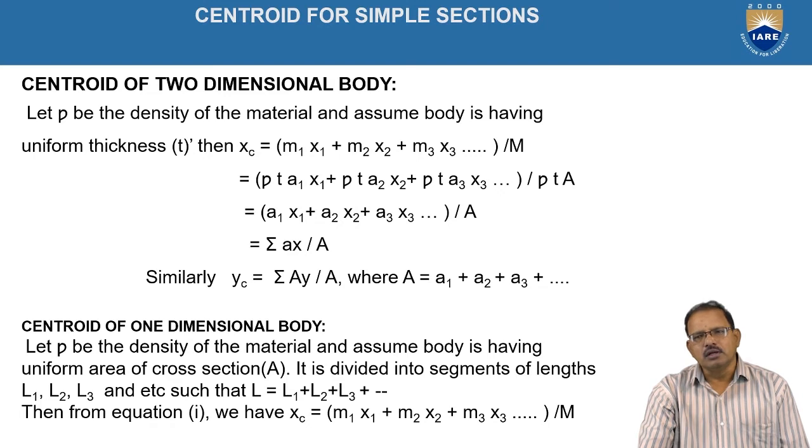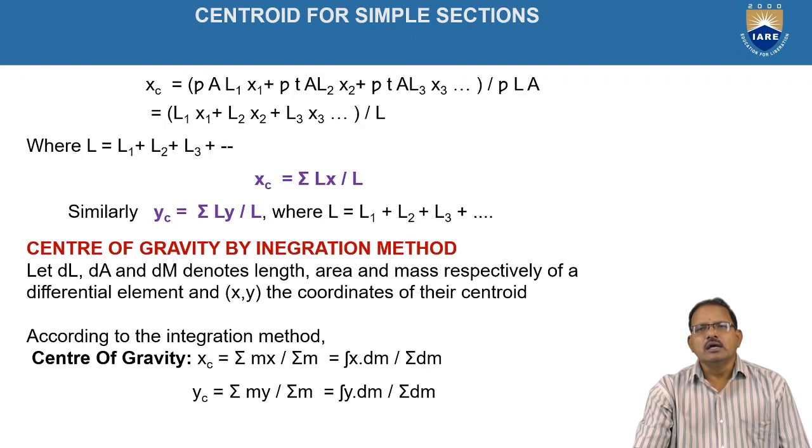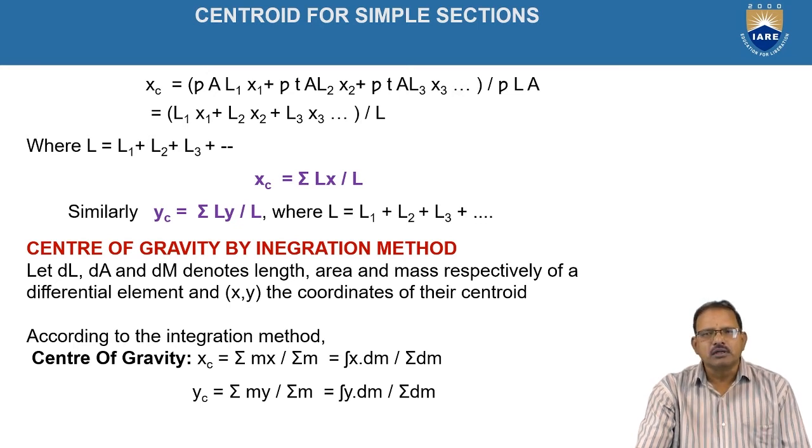Similarly, rho a L2 x2, similarly rho a L3 x3, divided by rho a L. Since the area of the cross section remains constant and the density is also constant, the modified equation for xc is given by L1 x1 plus L2 x2 plus L3 x3 divided by L1 plus L2 plus L3 and so on, which is equal to the total length of the body.